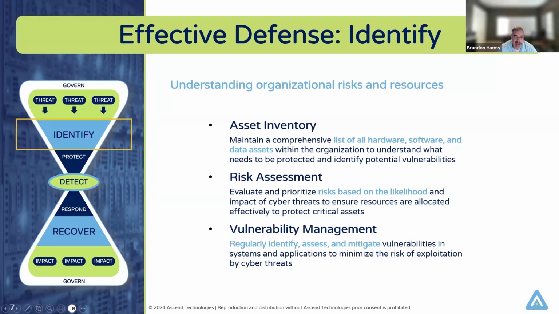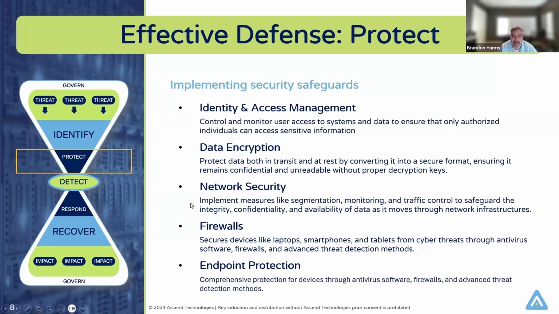Here are the assets, here's the security posture, and here are our vulnerabilities within that software that need to be addressed straight away. And so having continuous vulnerability management on your IT assets is critical in order to identify potential risks so that we can move to the next phase, protect it, right?